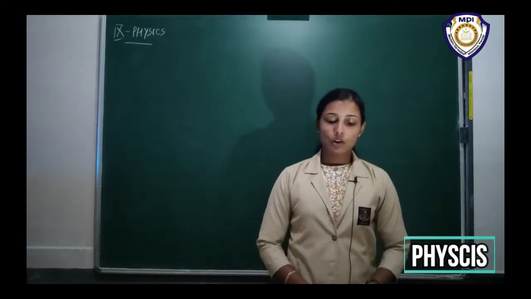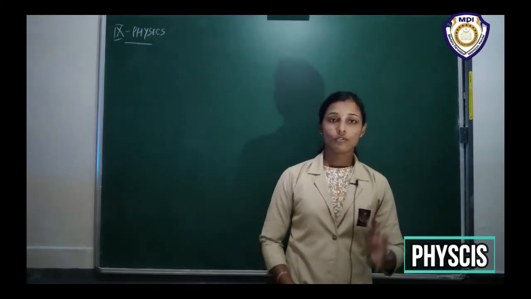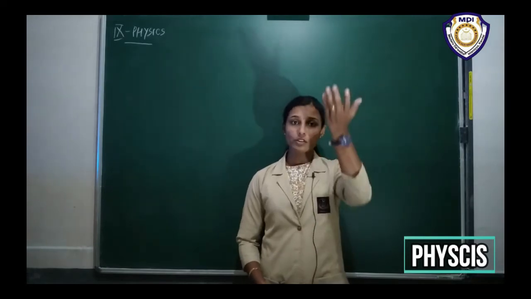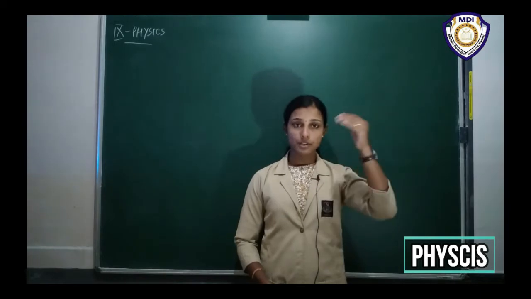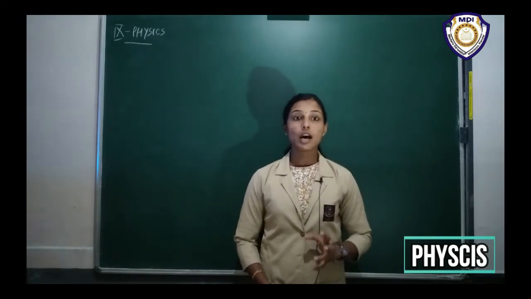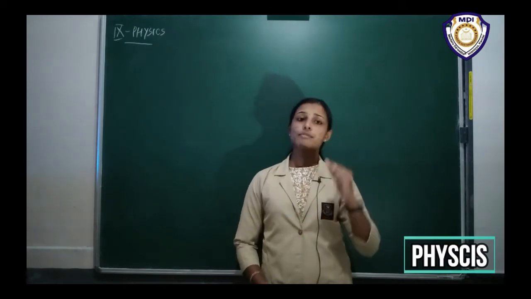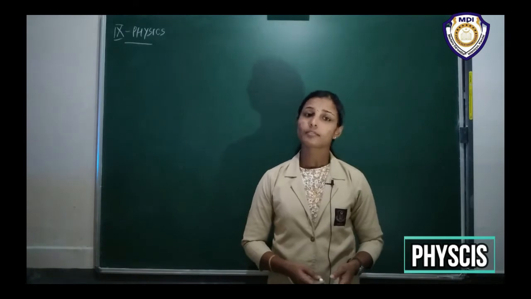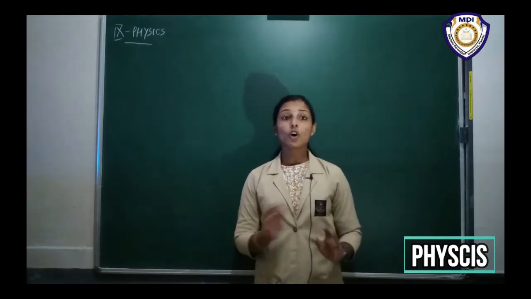Is there any velocity change in that object? So we know the freely falling body: when an object is thrown upward and then comes down only due to the action of gravitational force, does it have any velocity change? Definitely it will have a velocity change, but no direction change.